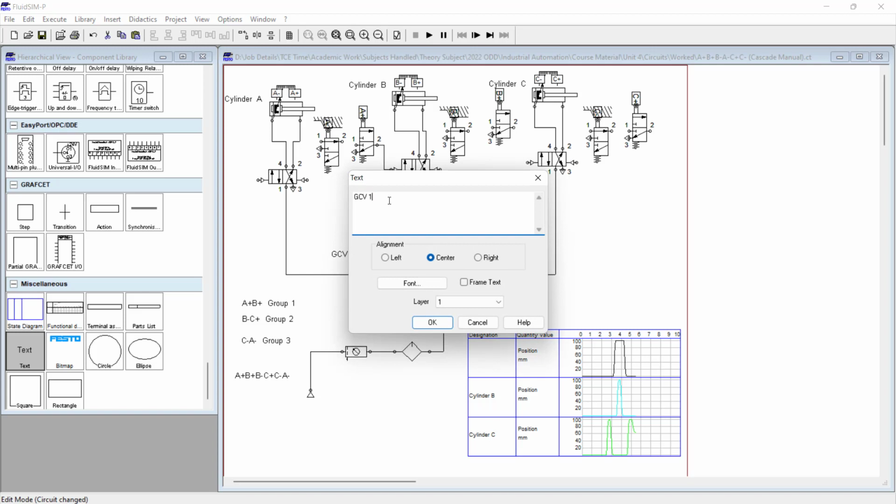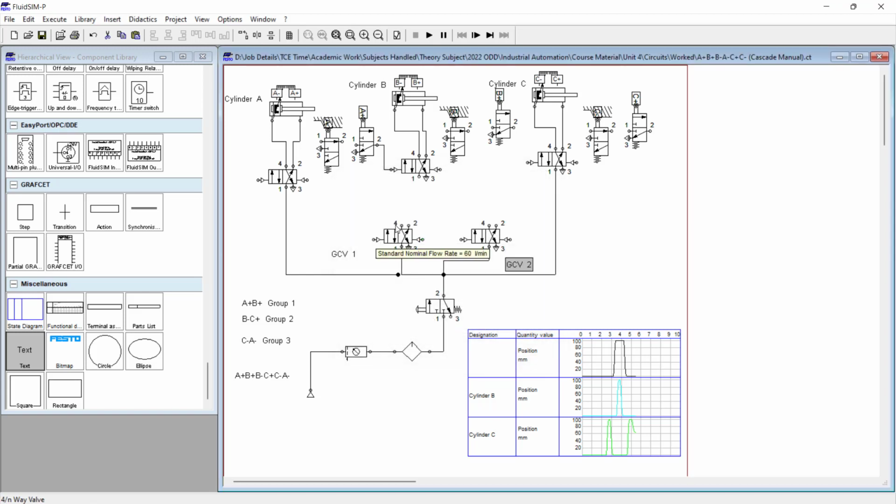I have power line 1 at port 4, power line 2 at port 2, and again group changing valve 2 port will be power line 3. So I require only 3 power lines.